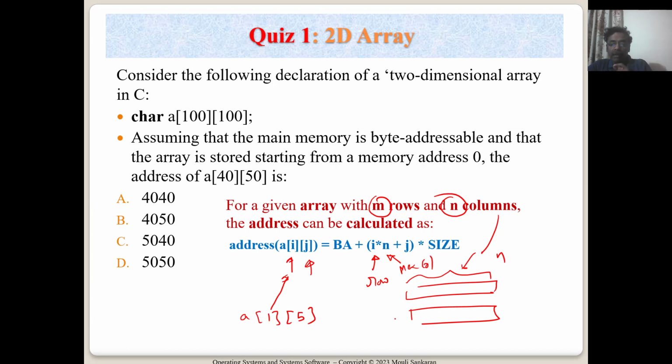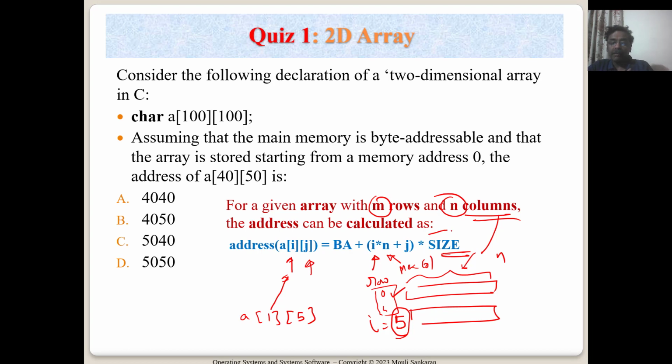If I am in 1, that means one row element is taken care of. If my i is 5, that means 0 to 4 is already there. That means 5 rows are already taken care of. So whatever index I am getting, I can directly multiply by n. n is nothing but the number of columns. And the size, of course, I need to multiply by size.